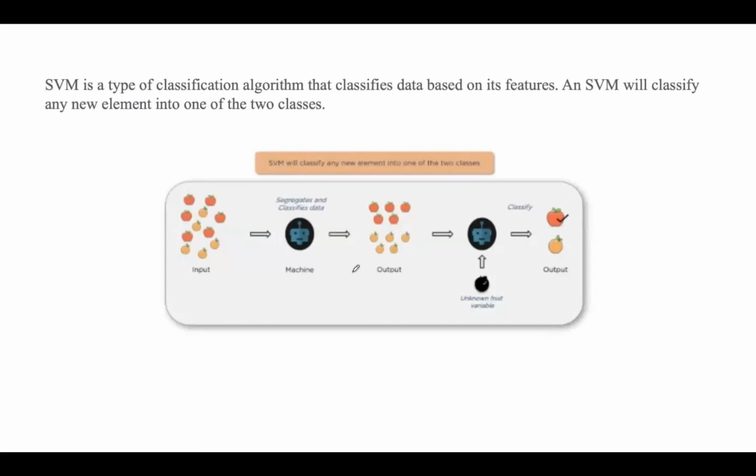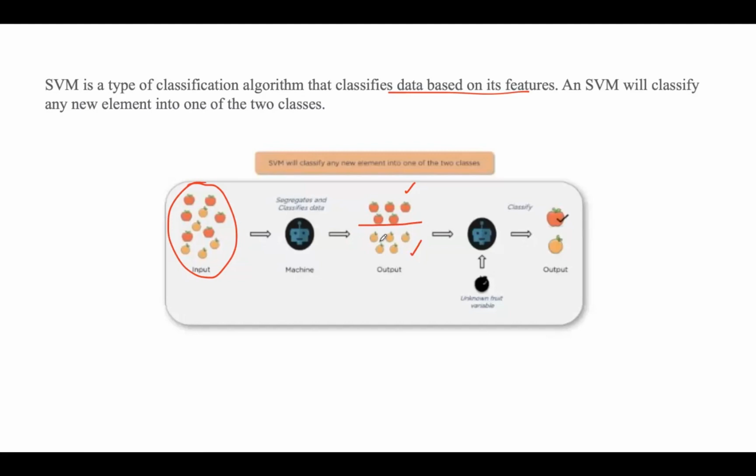SVM is a classification algorithm based on features, right? Here we have the input. This machine should segregate and classify this data, and the output should contain two classes: a class of apples and a class of oranges.